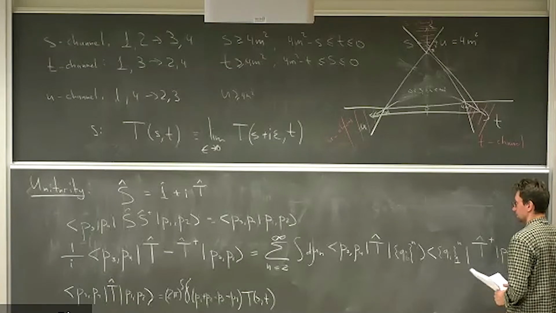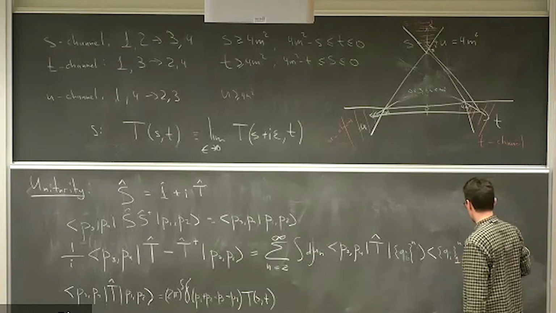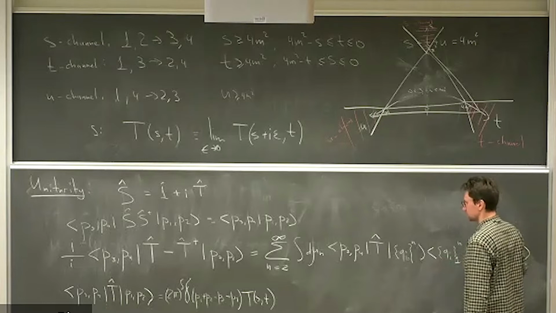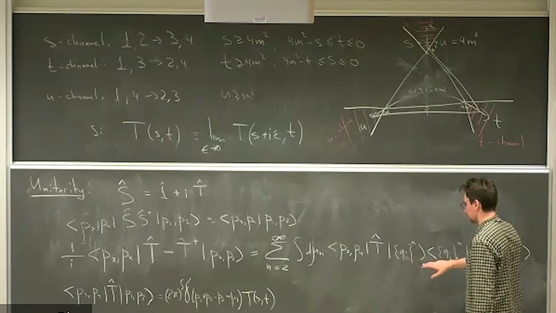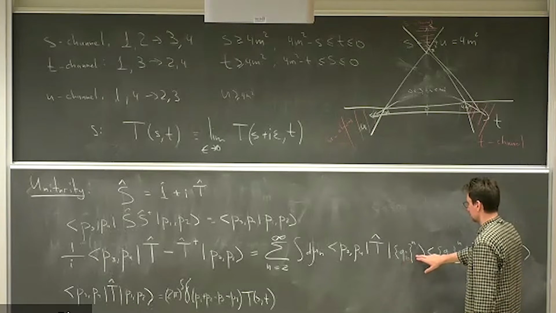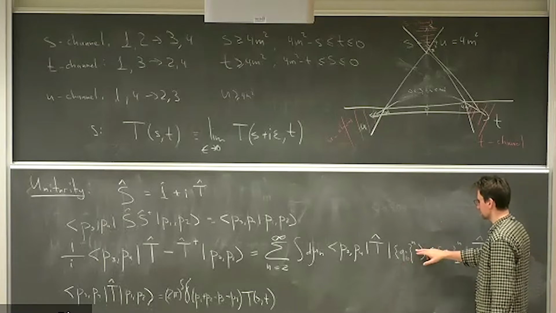Now, note something obvious: if you have these n particle states, there is a minimum energy that you need to produce them because they have mass.